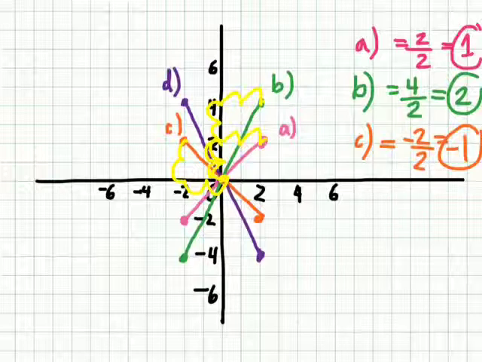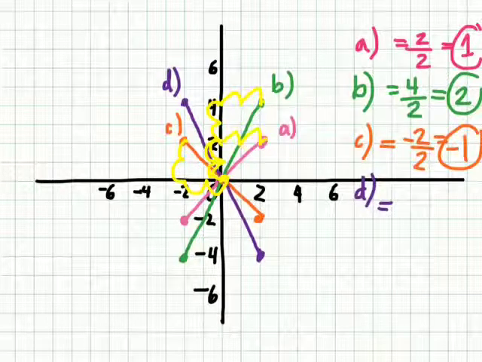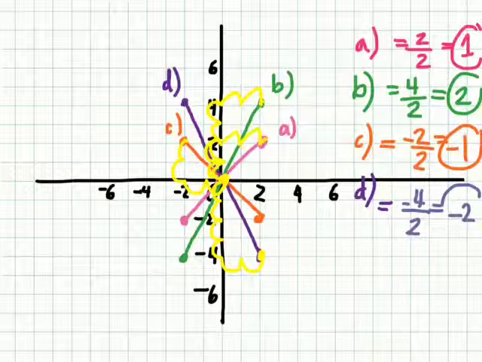And the last one? Okay, I'll start from here, so it's not as crowded, here to here. Let's count. 1, 2, 3, 4 over 1, 2. Good. Negative, right? We're going down. Negative 4 over 2 equals negative 2.